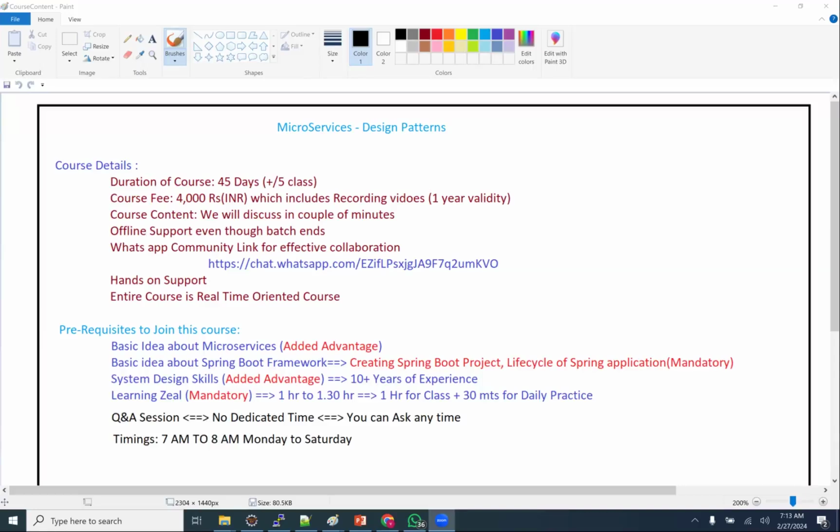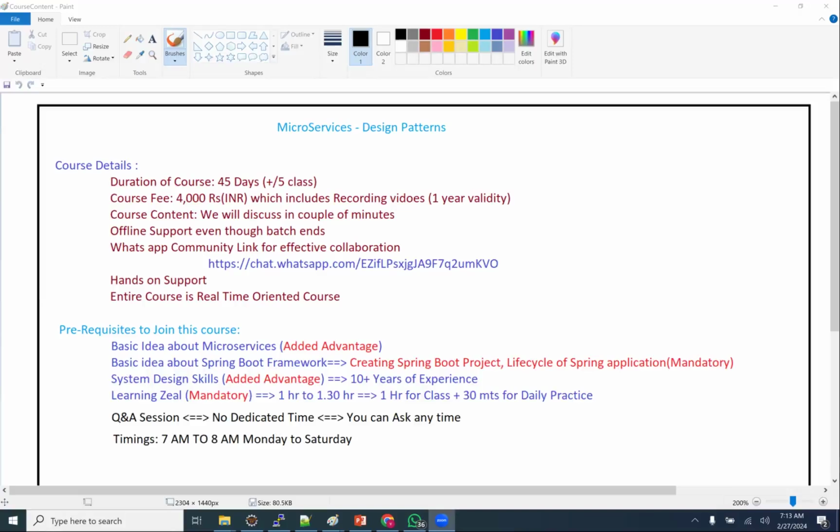Maybe you didn't use it in your project, because it's not mandatory that we use every pattern in our project. But they will ask you to forget about your project: in real time, what is your expertise level, in which scenario can we use it? They will ask us to take any scenario of our own choice, explain it, and write code, even if pseudo code rather than exact code, or a flow diagram, whatever it may be, just to ensure that the interviewer understands your technical caliber.